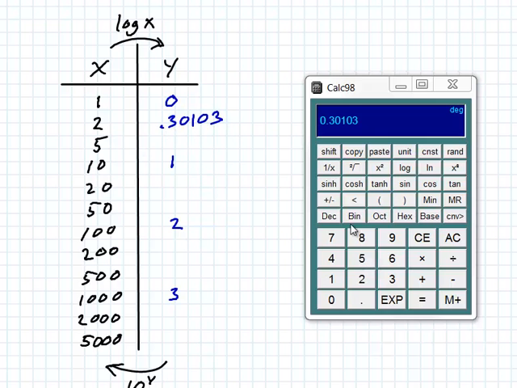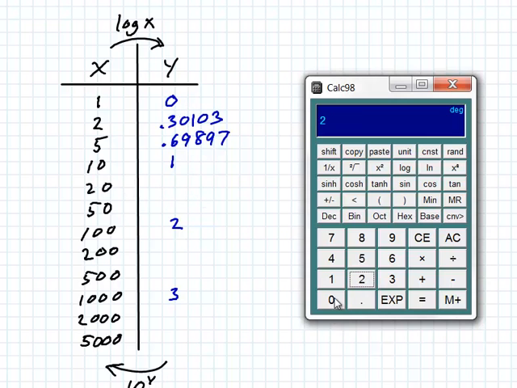Okay, what about 5? 0.69897. So if the log of 1 is 0 and the log of 10 is 1, it makes sense that the logs of these intermediate values are between 0 and 1. How about 20? Take 20, hit the log, I get 1.30103.